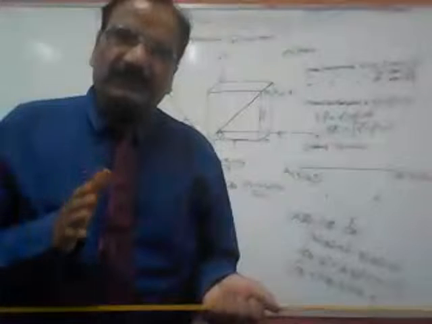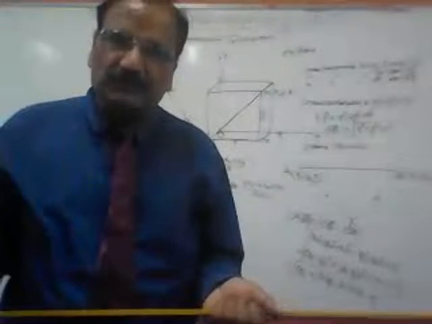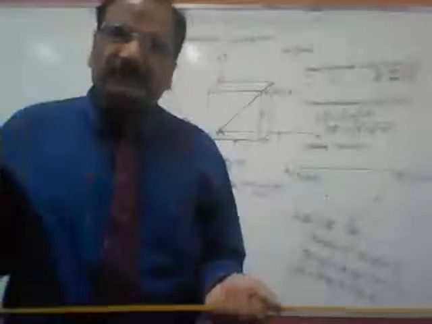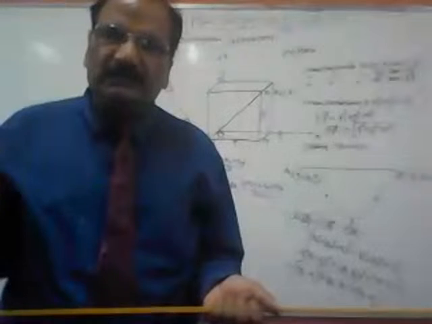Coordinates of point B are x2, y2, z2. Coordinates of point C are x3, y3, z3. And coordinates of point D are x4, y4, z4. These four are the vertices of a tetrahedron.